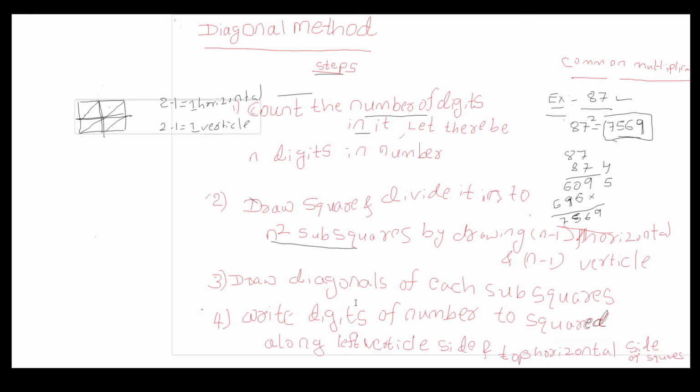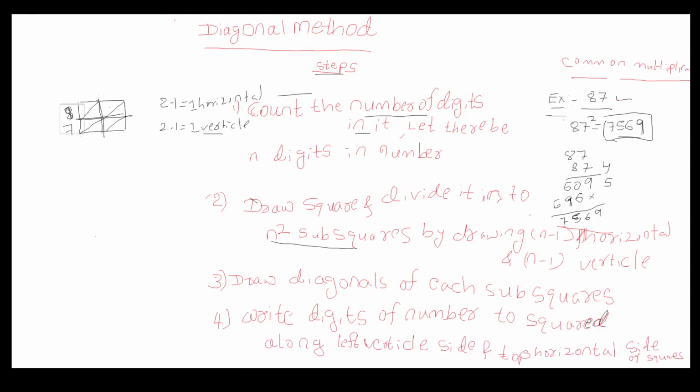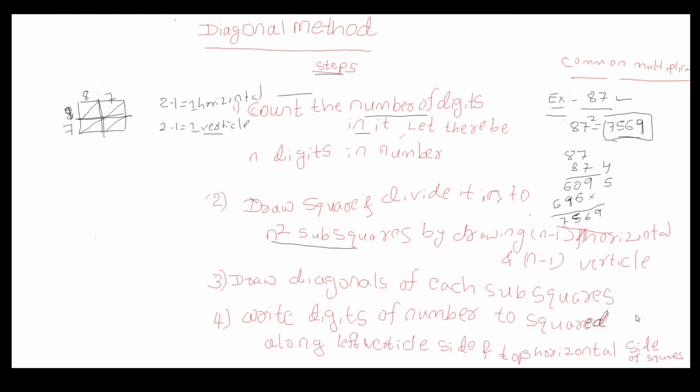Next, write the digits of the number to be squared along the left side, that is 87, and along the top horizontal side like this.